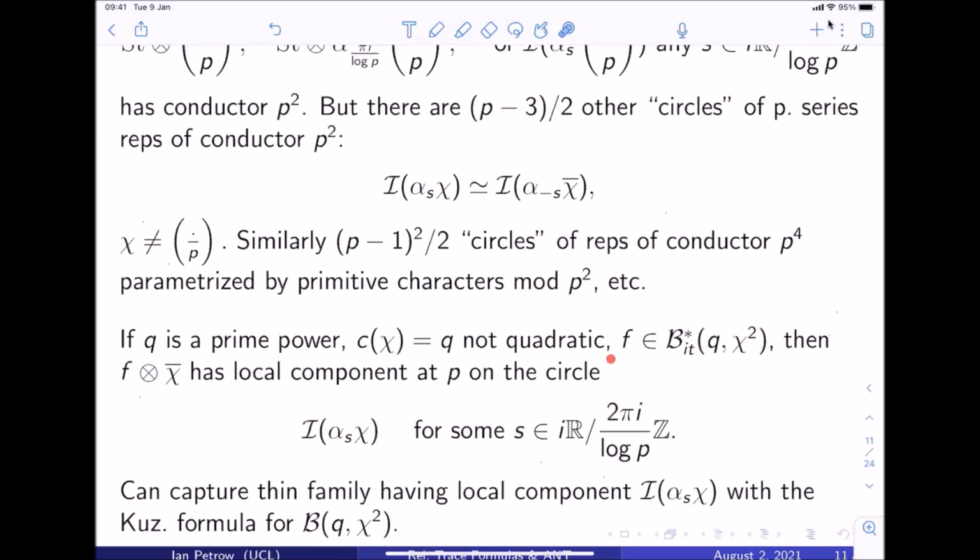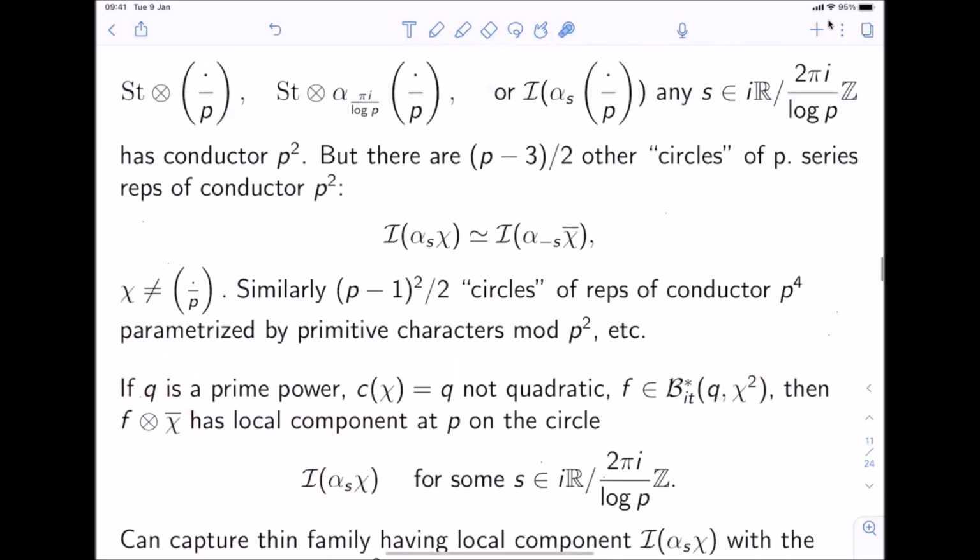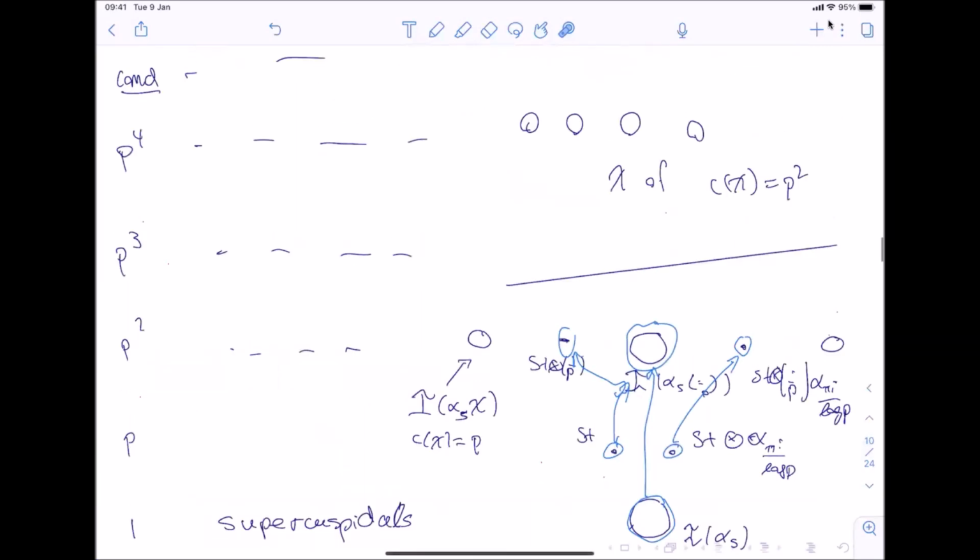So this chi bar transforms the central character by chi bar squared, so I get back to trivial central character, and that just corresponds to the circle that matches chi.